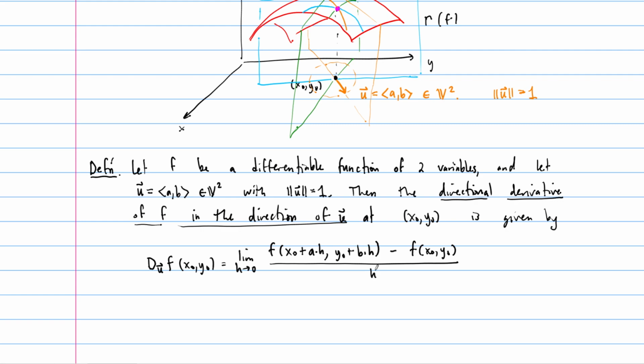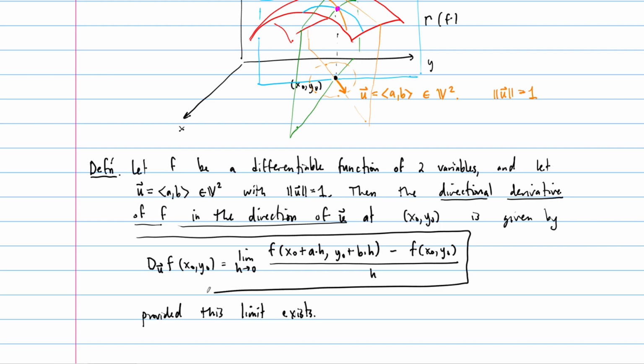Anytime we define something by a limit, we then have to say, provided this limit exists. But otherwise, this is the definition. So there is the limit definition formula for the directional derivative of f at x naught, y naught, at the point in the domain in the direction of u. And so the direction u is going to contribute to this.